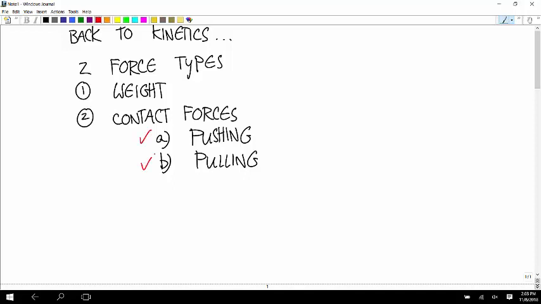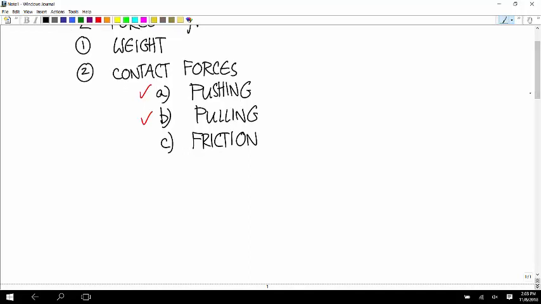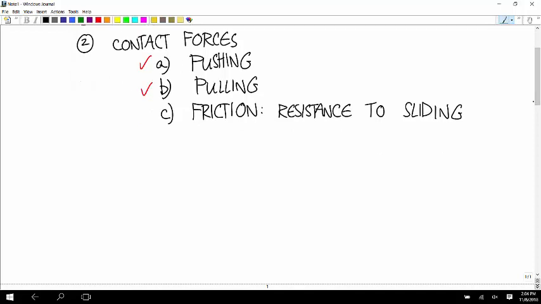And now we're done talking about both of those, and we're going on to the last one, which is friction. And friction is resistance to sliding. And friction you can break up into two separate types, but we're only going to do one of these two.